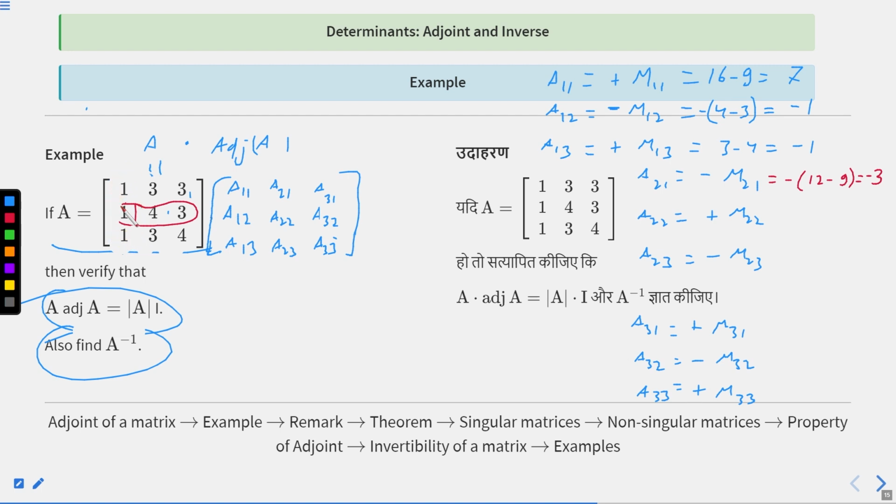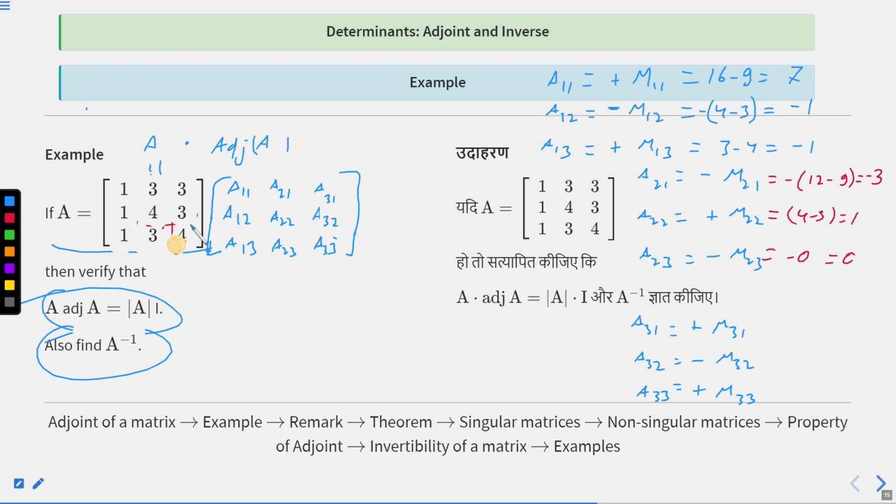So 4 minus 3 will be 1. Now eliminate second row and third column. 3 minus 3 will be 0, so minus of 0 will give you 0.